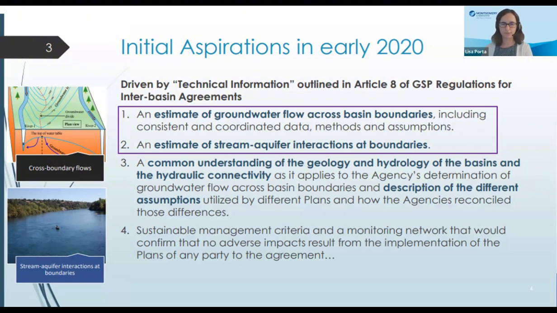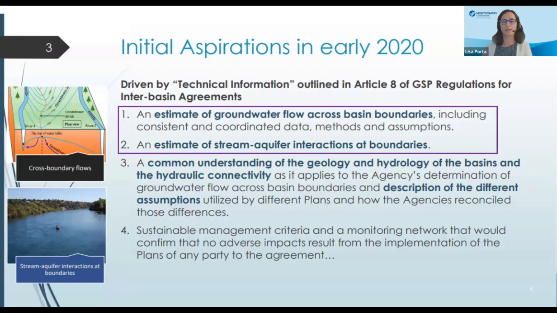As I mentioned in the other 2 webinars, no formal interbasin agreements were developed by the GSAs at the time, but this started the conversation on figuring out estimates of groundwater flow across basin boundaries and estimates of stream aquifer interactions at boundaries. These are things that we know in the region we need to look at, because as I described in the previous webinars, flow is connected between the basins and the subbasins in the Sacramento Valley. So there's definitely a need to understand those flows between boundaries a little bit better.